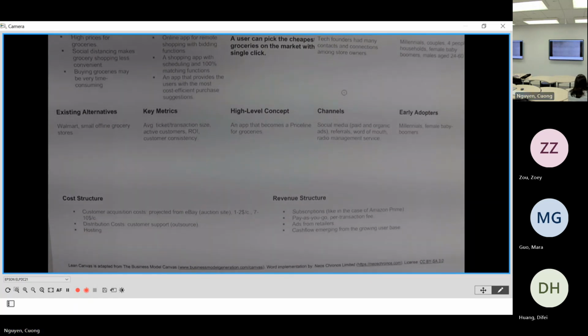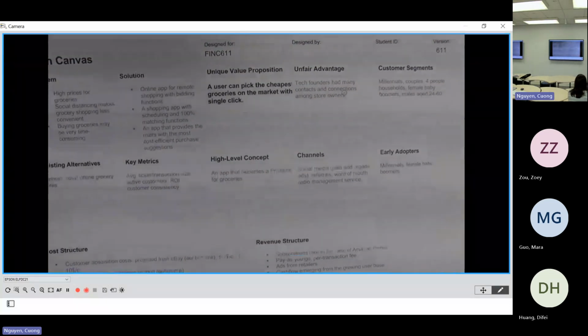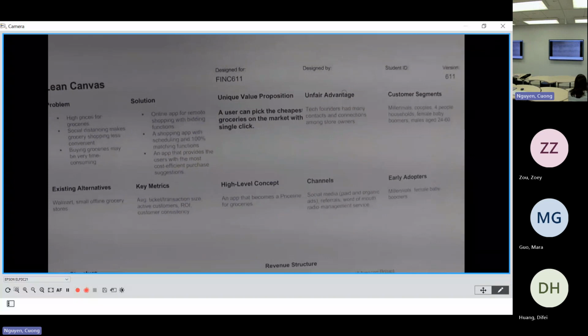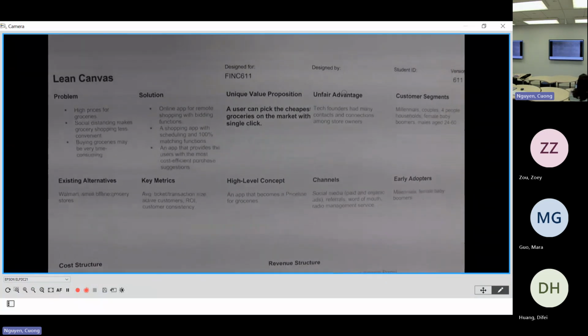So they list all the revenue streams that may bring money to the startup. So you can follow this kind of thing when you write your lean canvas or business model, together with your pitch deck.